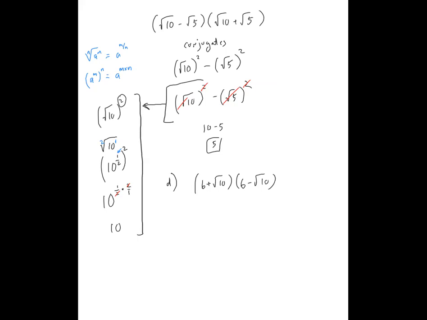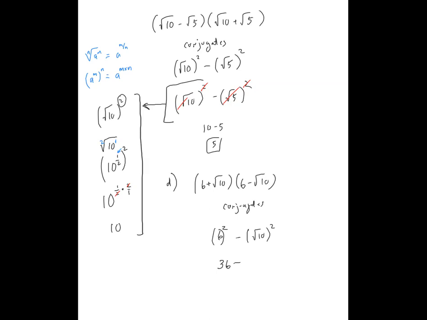So I want you to approach this with a different method. Instead of working it all out, let's just say that these are what then? Conjugates. Very good. And because they're conjugates, all we have to do is first term, square it, minus sign, second one, square it. 6 squared gives us 36 minus what happens on the other side?